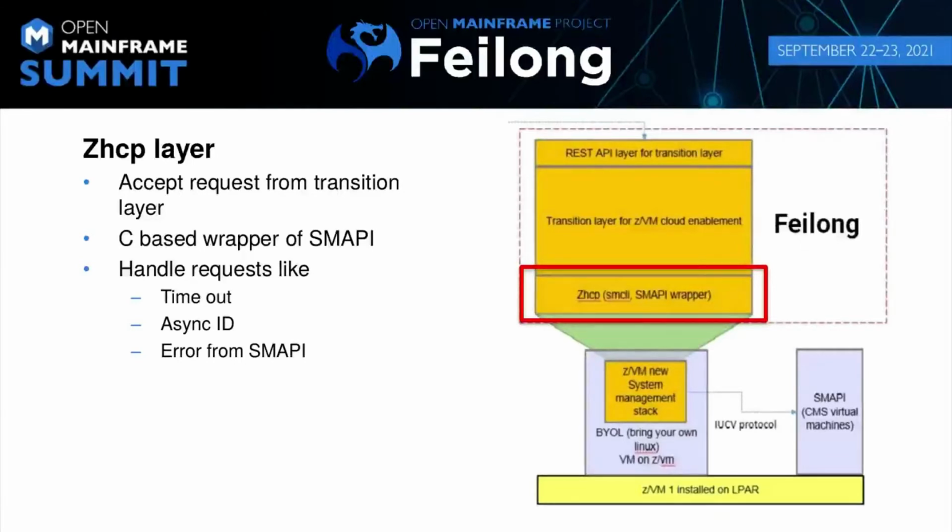If there's any errors from SMAPI, the C layer makes sure that it interacts properly with SMAPI and hands back any information to the upper layers as SMAPI does its job and it processes whatever that RESTful API call is.